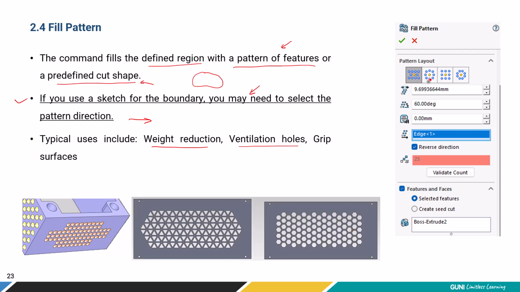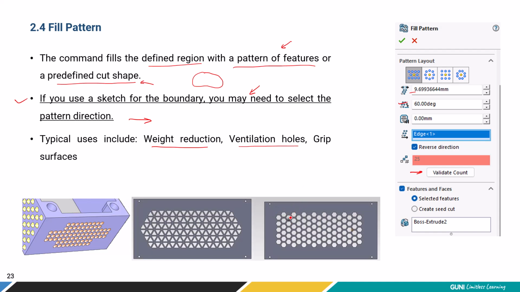One is perforation, second is circular, square, polygon, under which you can control the distance between 2 rows, inclinations, and the gap from the boundary. You can also validate the count. What does it mean? It means all these instances fall under the regions, but sometimes, based on the pattern, it may cross the boundary.